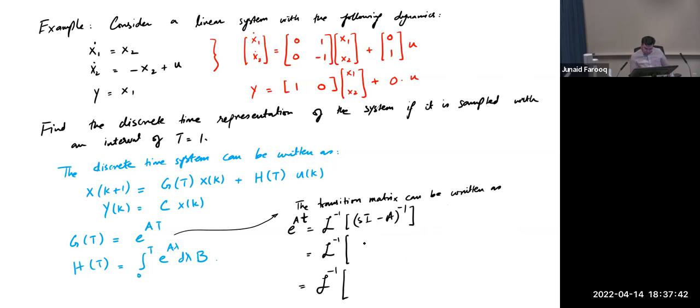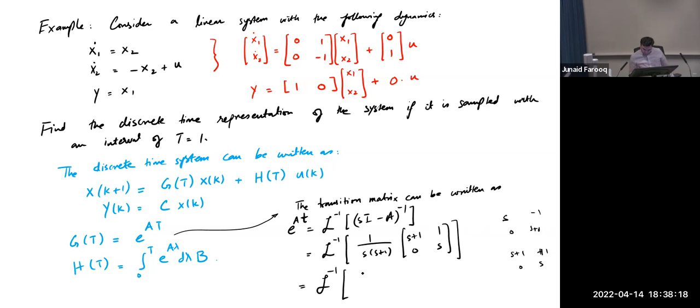So sI minus A will be, I forgot what it should be. It was s plus 1, minus 1, 0. So the inverse will be 1 over s plus 1 times s plus 1, 1, 0, s.